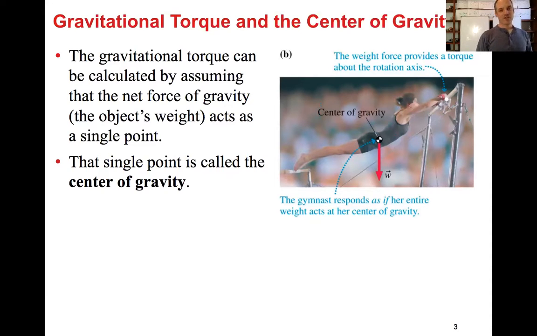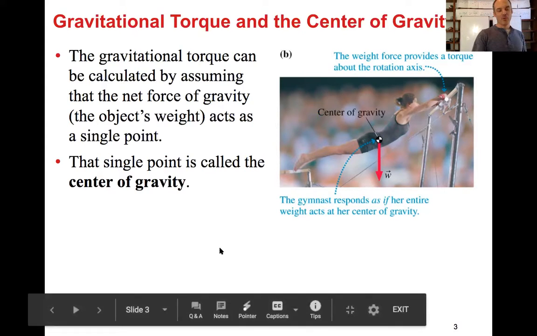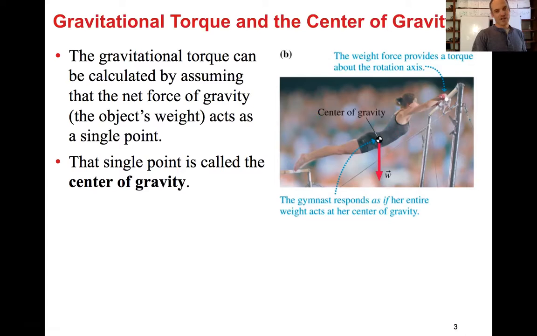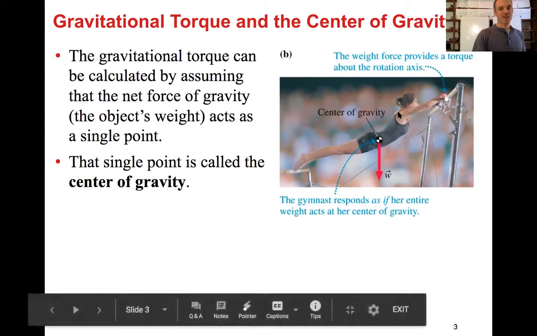It's as if the entirety of the weight of an object is at a single point, okay? That single point is very important because that's how we track its motion. That singular point is acting as if the whole object is that singular point.